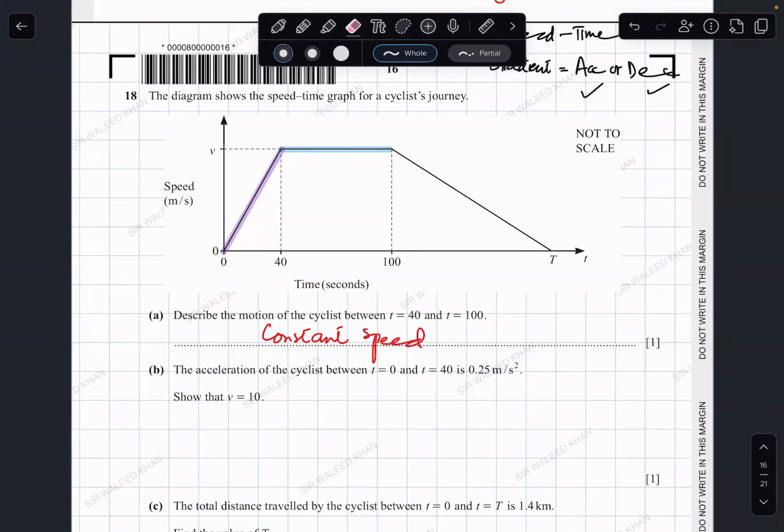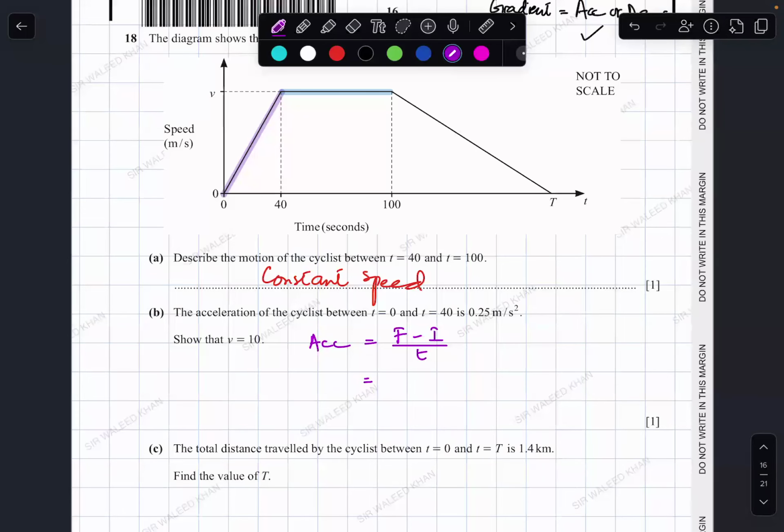Now, the acceleration is the same throughout. So I can use the formula acceleration is equal to final speed v minus u over t. Final minus initial over time. So final over here is v minus initial is 0, time is 40, and this is 0.25.